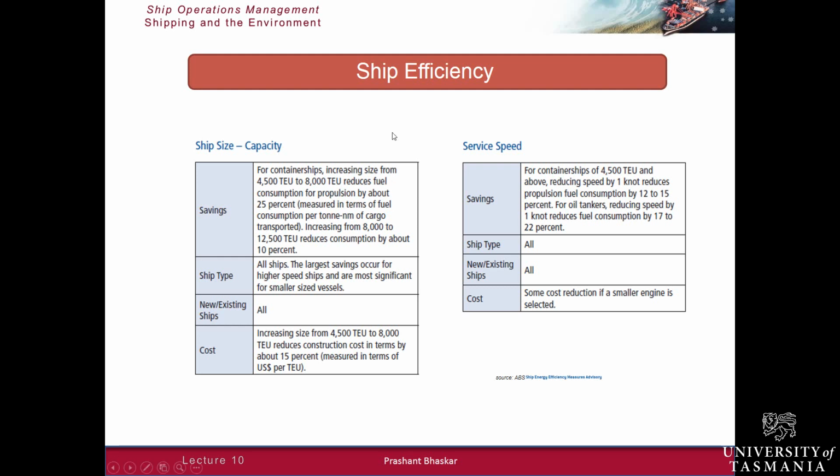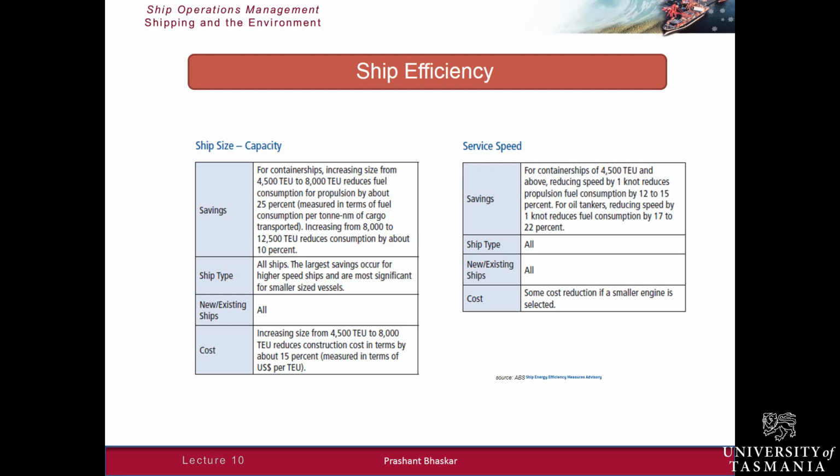On the right hand side, you can see the impact of reduction in service speed. Essentially, as the slide shows, reducing speed by 1 knot for a ship of around 4,500 TEU and above can reduce the propulsion fuel consumption by 12 to 15%. And for oil tankers, reducing speed by 1 knot can reduce the fuel consumption by 17 to 22%.